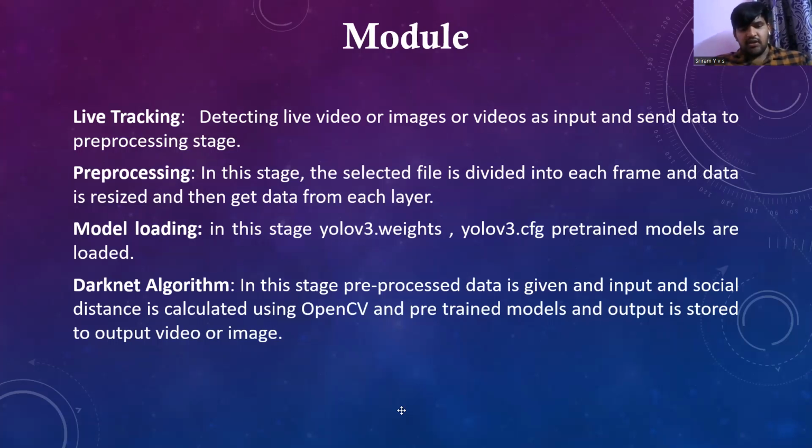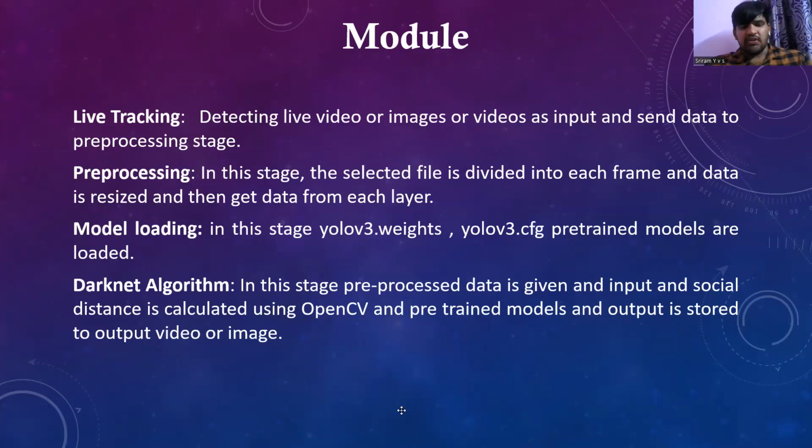Darknet algorithms are basically of two types: algorithms based on classification and algorithms based on regression. The darknet algorithms based on classification are implemented in two stages. Firstly, they select a region of interest in an image, and then they classify these regions using convolutional neural networks, that is CNNs.